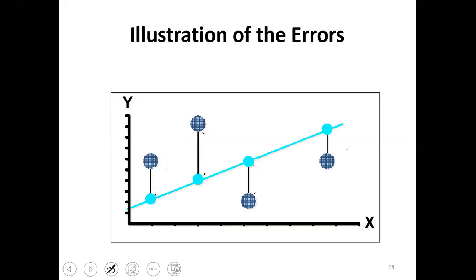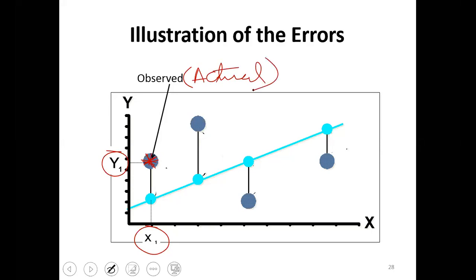Right? So here is the same example as I pointed out. Look at this. This is the x1, this is the y1. So this is the observed value, or the actual value. We can call it observed or actual value.